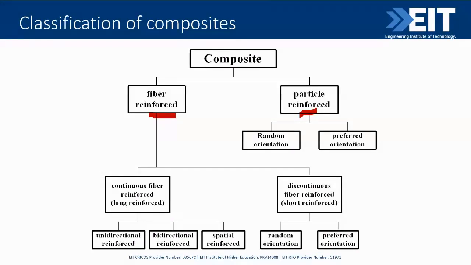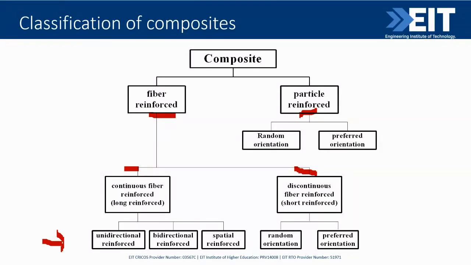Both can be randomly oriented or arranged in a certain way. The fibers, which are more important for this talk, can be short or long. Short ones can be oriented randomly or arranged in a certain way, and they can be long. The long fibers are usually continuous and can be set in one direction, two orthogonal directions, or in any predefined angles. All right, so we have all these options here.